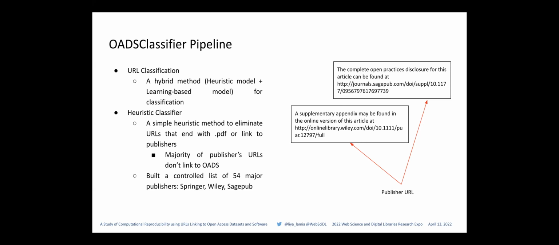Yes, we built a list of 54 major publishers' names. We divided the URLs into subword tokens and tried to figure out whether that particular publisher name was in that URL. If it was found, then the heuristic classifier eliminated the sentence that contained the URL from the list.